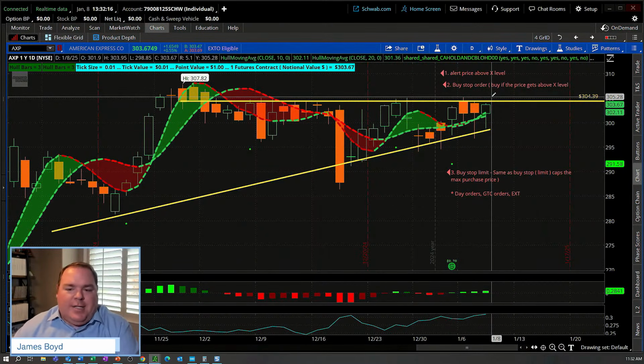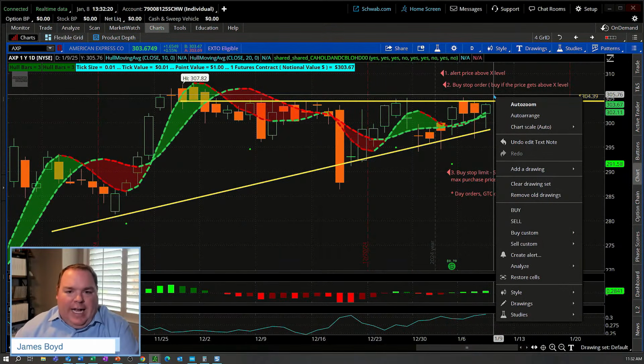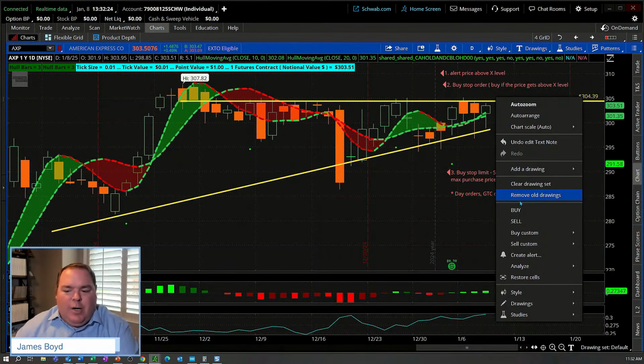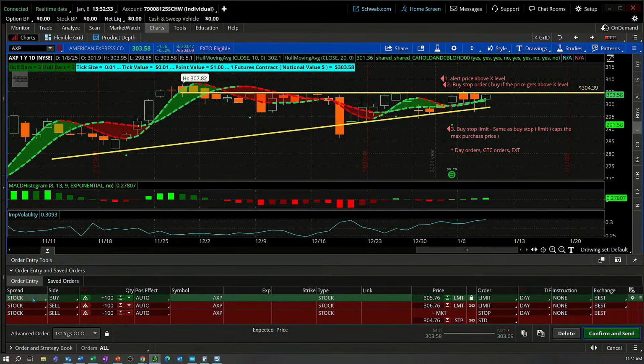So I'm going to set up an order to buy. I'm going to right click on the chart, go down to where it says buy custom, and go to where it says with OCO bracket, okay? Down at the bottom, stock buy, we don't have to do 100, it's defaulted to that.